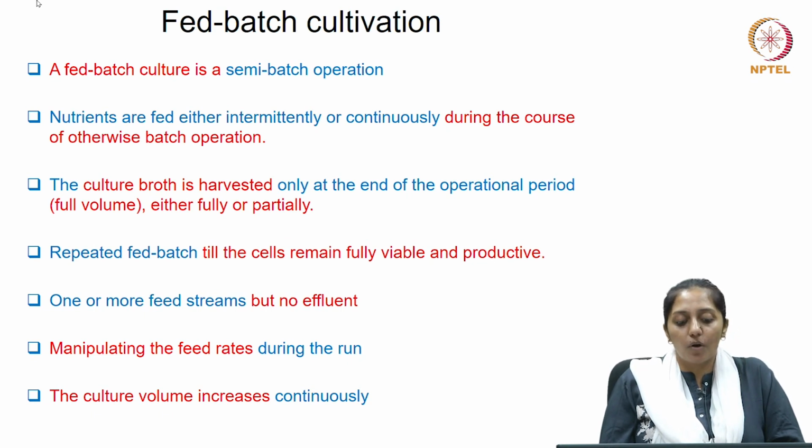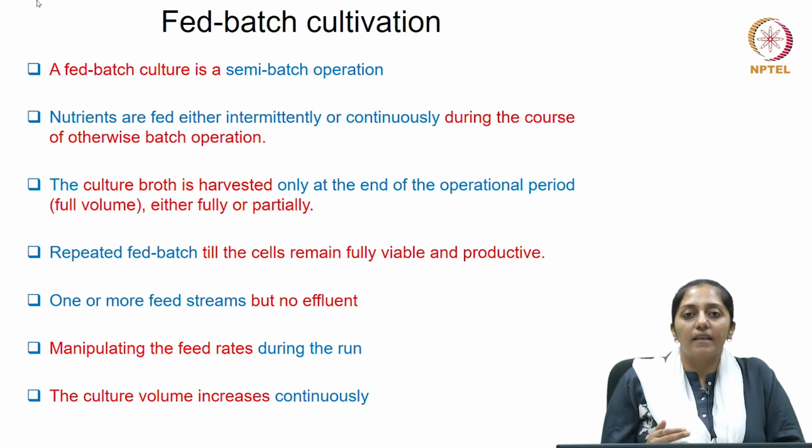Now the culture broth is harvested only at the end of the operation, and what is the end of the operation? Once the volume reaches the maximum volume possible in a reactor, which is nearly kept around 80% of the total volume of the reactor.